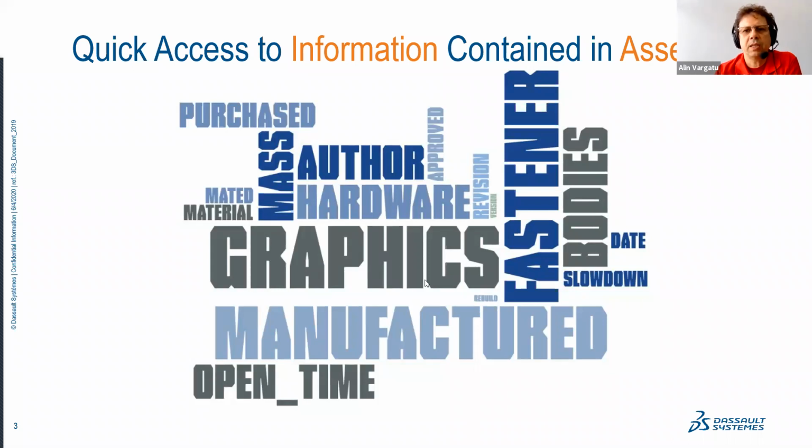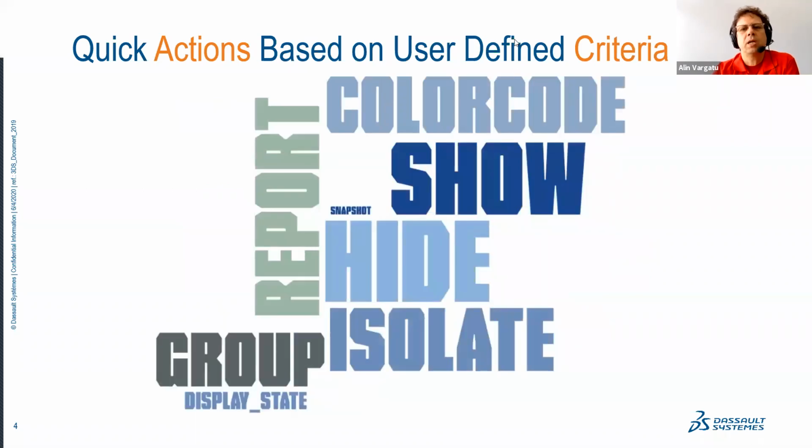And of course, other things, slowdowns, right? Troubleshooting slowdowns. So quick access to the information, and then also actions that you can do to the assembly. Again, read this word chart and maybe write in the chat if there is any word that resonates with you.